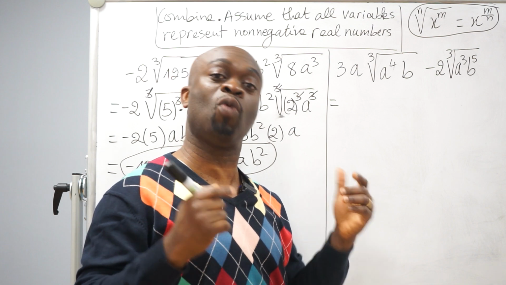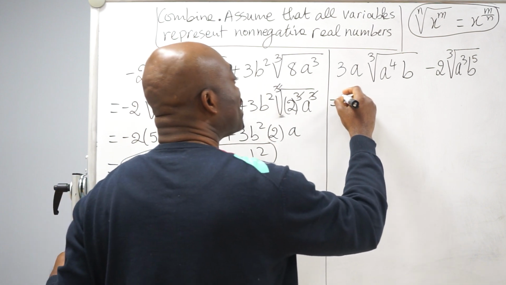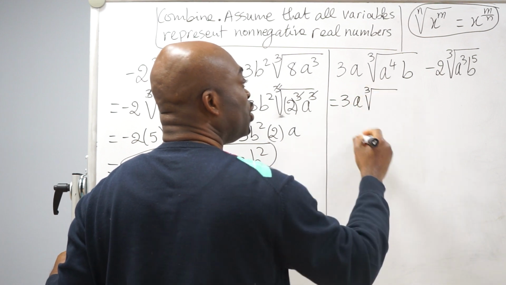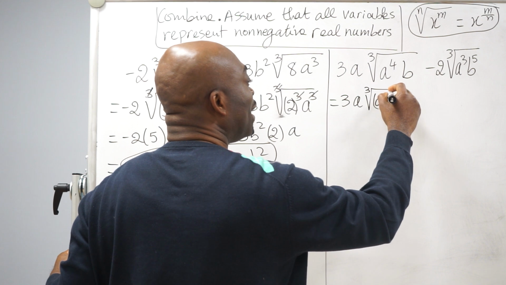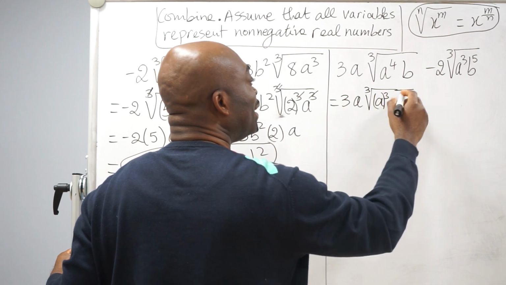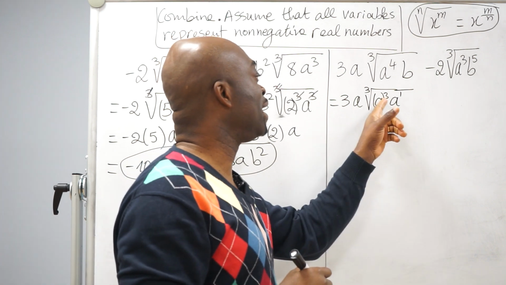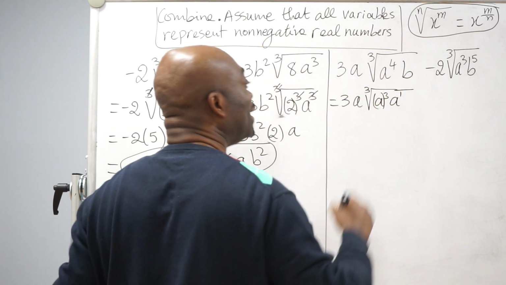And then there's a remainder of 1 because 4 minus 3 is going to give you 1. So basically, this is A cubed, A to the 3rd again, all right? And then A to the 1, because A to the power 3 times A to the power 1 gives you A to the power 4, and then you bring down the B.